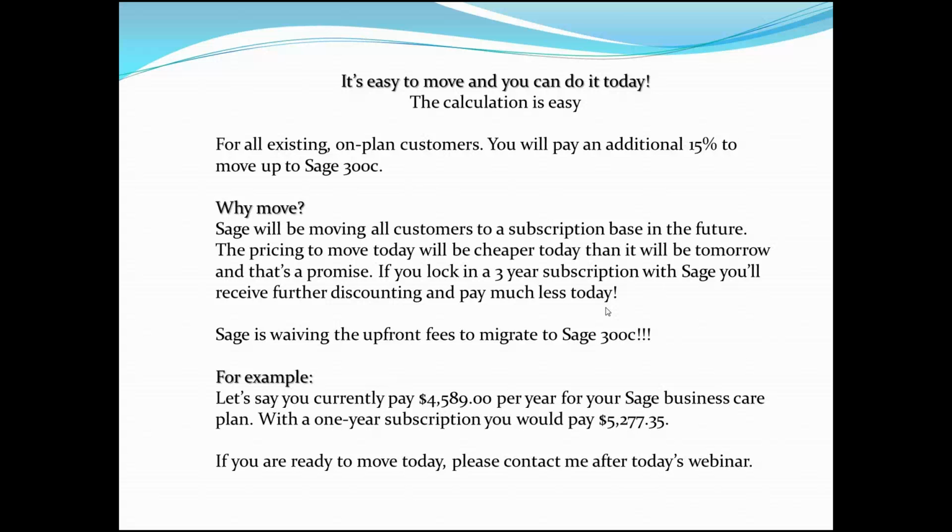One of the things we are also aware of is that they will be making an increase to the business care, whether you're on a perpetual or subscription base. So some advice I might have for you is to call up Sage Business Care and lock in a 3-year subscription on your existing Sage 300 perpetual.